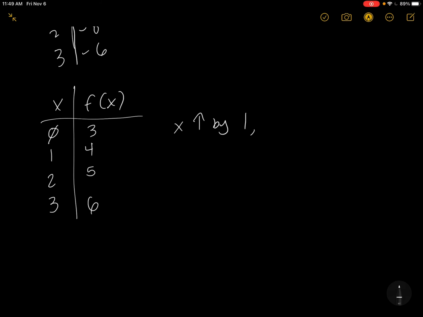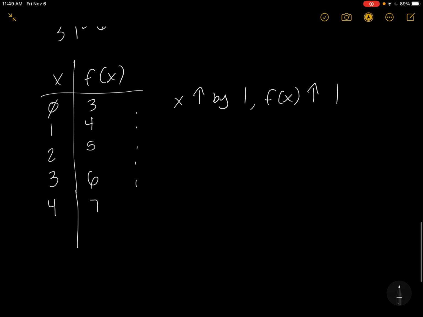Every time x increases by 1, then f of x also increases by 1. Right, so we know that pattern. That way I can actually make predictions. And we'll learn how to make equations from this later. But right now we're just going to see the pattern. Right, so I know that's probably going to be 7.